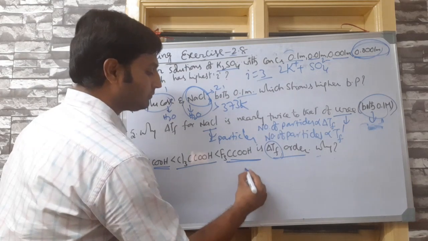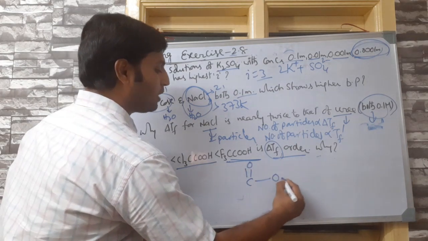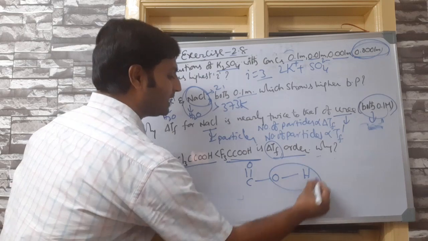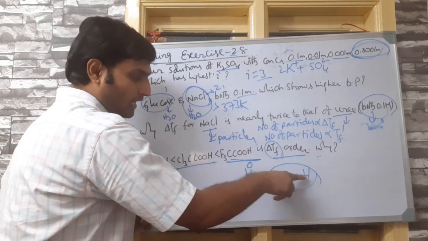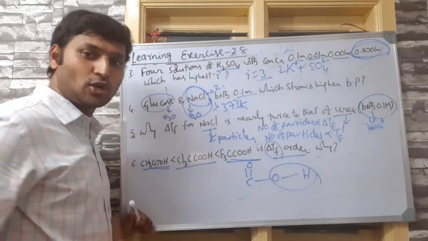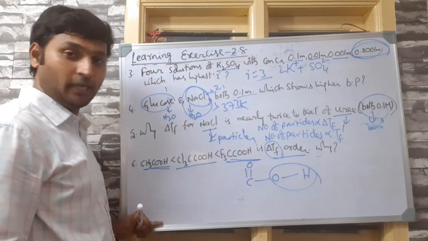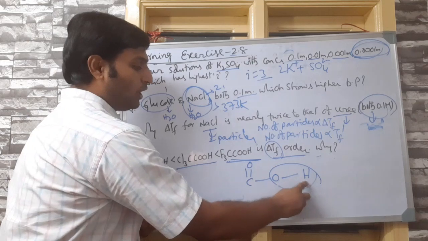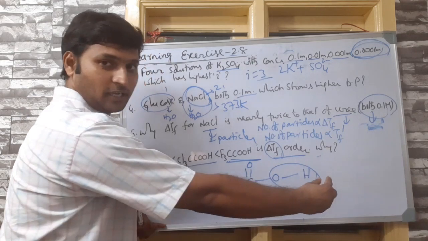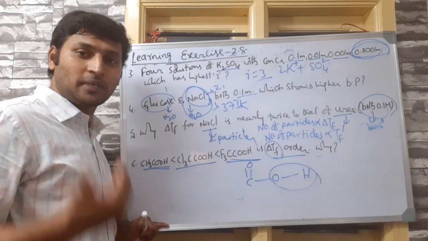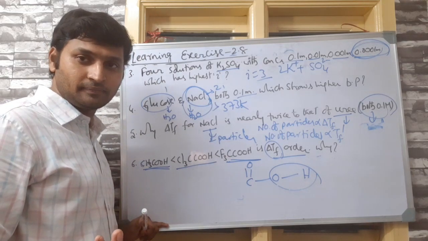See, the strength of a carboxylic acid is decided by the weakness of this OH bond. Weaker the OH bond, easier to donate protons, so stronger will be the acid. Repeat, weaker the OH bond, easier will be the breaking of the OH bond, hence release of H plus becomes easy. The one which releases H plus readily is the strong acid.